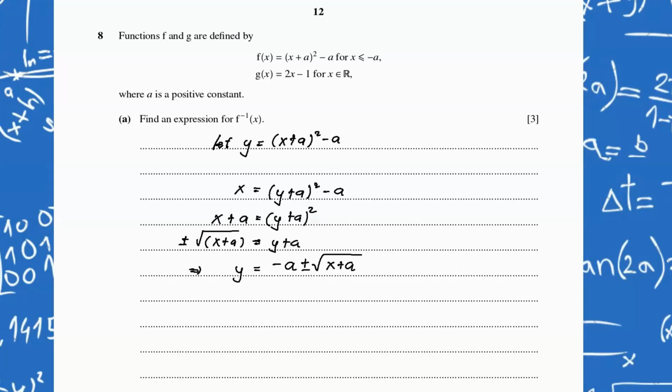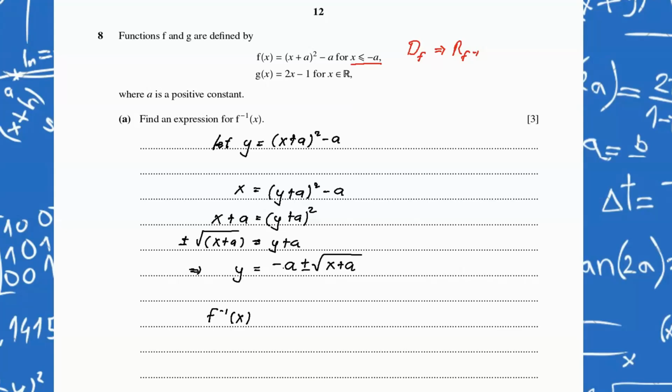But if you look at the domain, it's x is less than or equal to -a, and we know that the domain of a function tells us what the range of the inverse function is. So if x is less than or equal to -a, we know that for our f inverse of x, it can only be less than or equal to -a if we have a negative sign here.